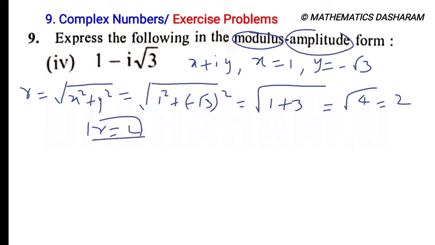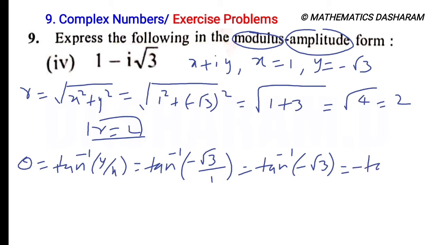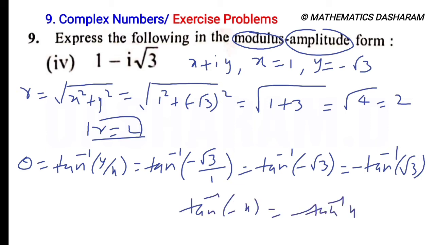Next, amplitude. Amplitude is denoted with theta. Its formula is tan inverse of y by x. So substitute y and x values. So y value minus root 3 and x value is 1. So it is equal to tan inverse of minus root 3. So now minus tan inverse of root 3, because tan inverse of minus x is minus tan inverse x.